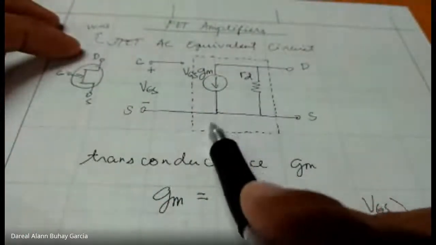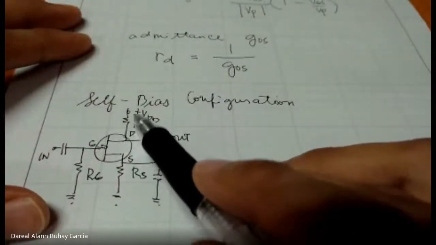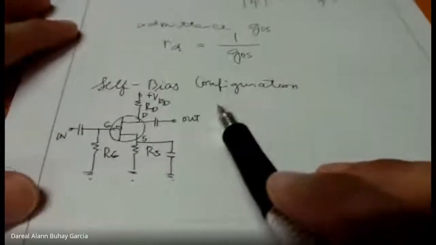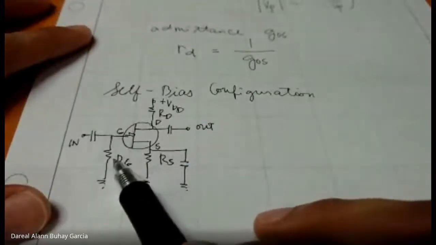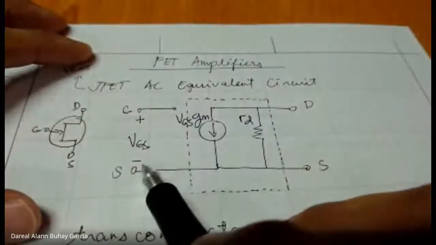This is the source, this is the drain, and this is the gate. RD is connected to the drain and directly to the ground because our DC source is shorted. So it's as if there is one resistor here, which we call capital RD, the resistor at the drain. And RG is connected at the gate directly to the ground, so it's as if there is one resistor, RG.